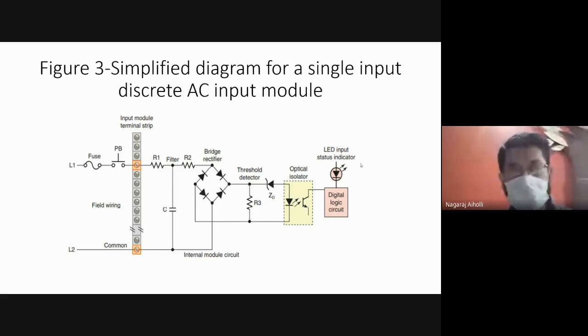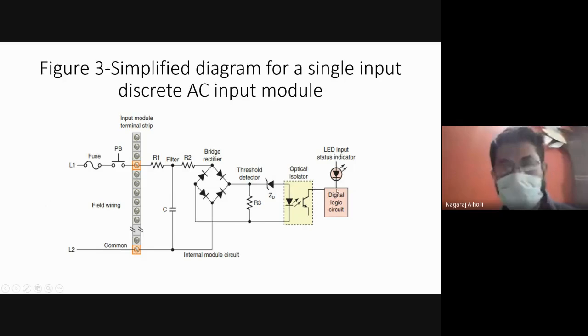No, exactly. Because when we are not applying any input signal to the L1 L2 terminals, the LED cannot be turned on. It will be in the off state.